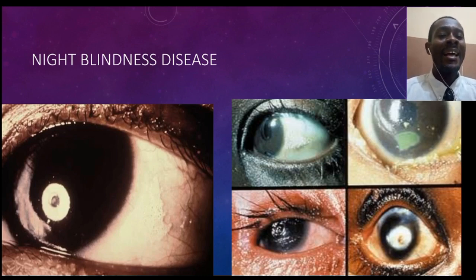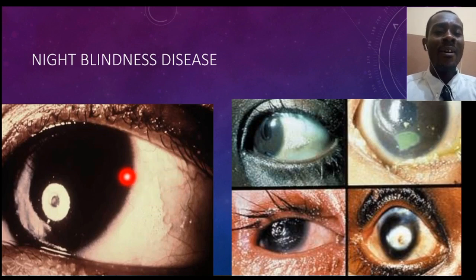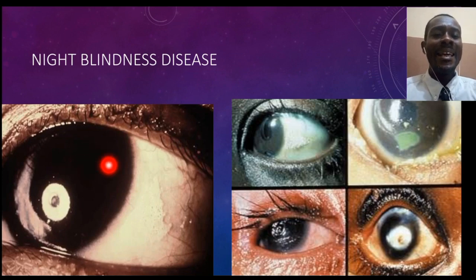As it affects the eye, if you look on your screen, you can see that this particular eye of a patient suffering from lack of vitamin A has a lot of cracks on it and is dry in appearance. This person automatically will be having problem in seeing things correctly because the cornea is no longer as moist as it's supposed to be and fresh as it's supposed to be.